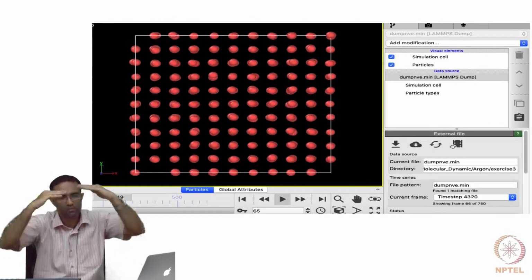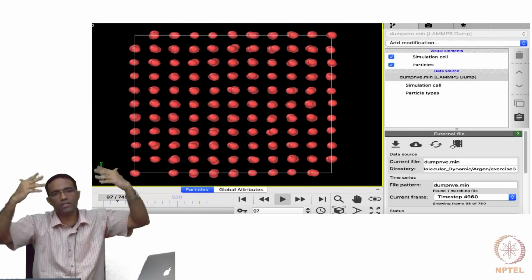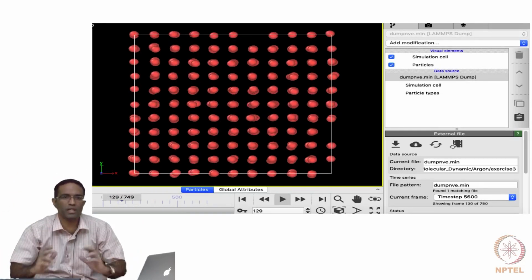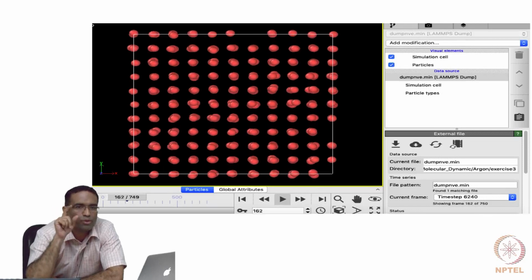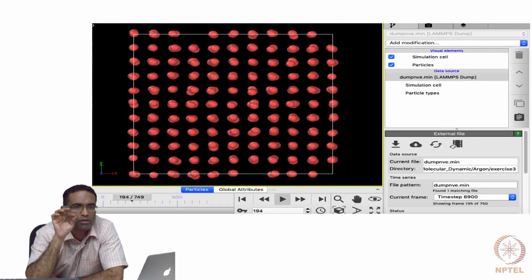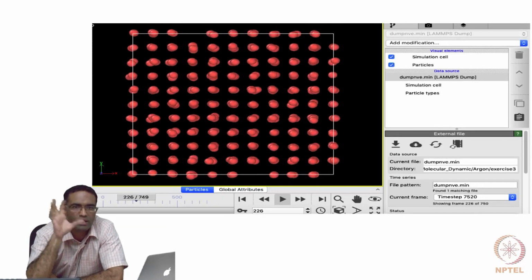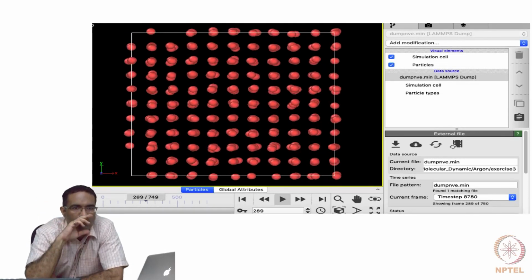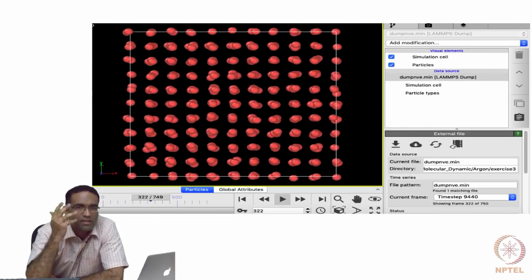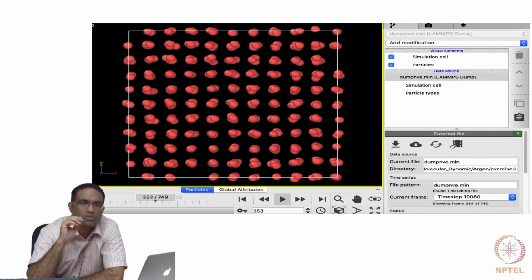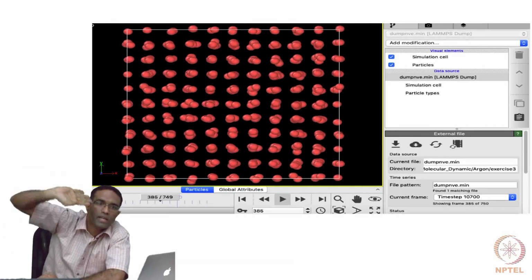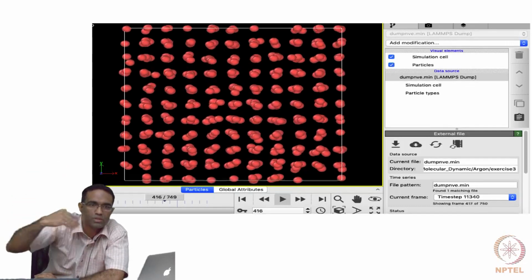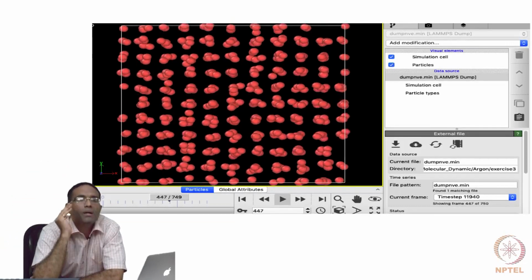The pressure exerted by the molecules on the walls, that is the definition of pressure, right? What is pressure actually? Let us talk about the pressure of an ideal gas inside a container. What is meant by pressure? The force with which the molecules hit the surfaces is what constitutes the pressure.